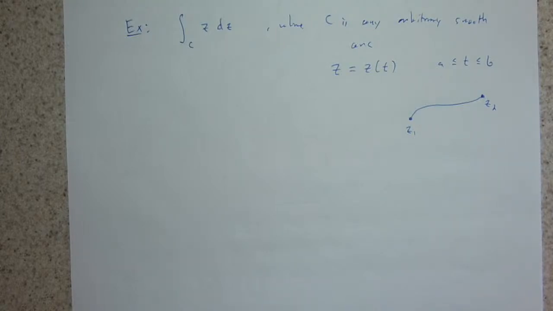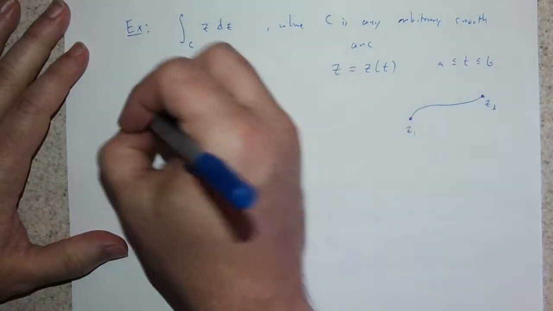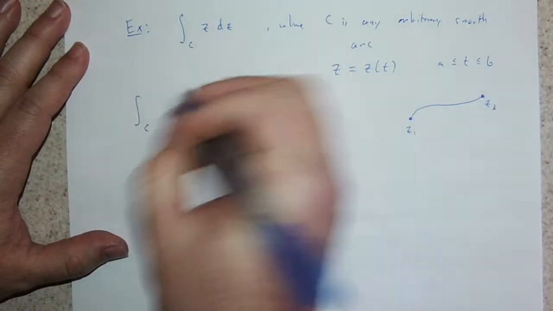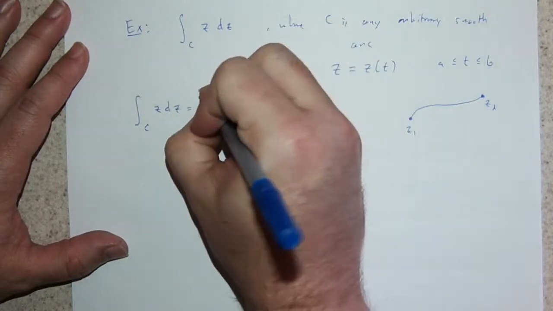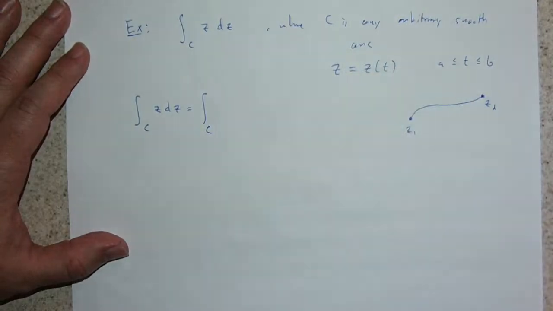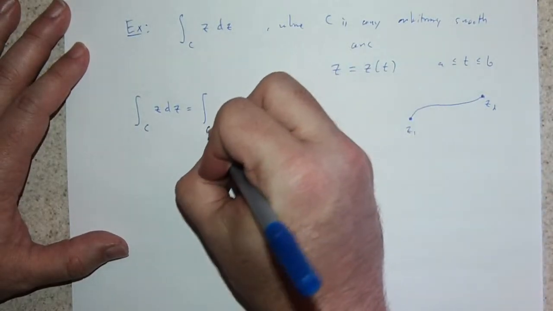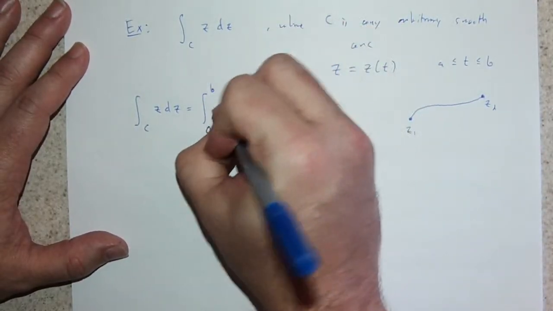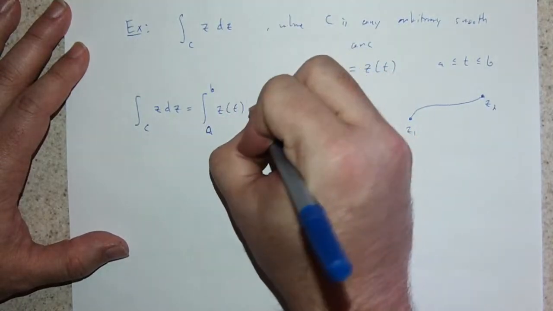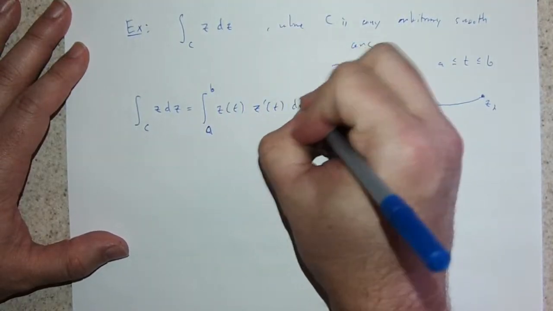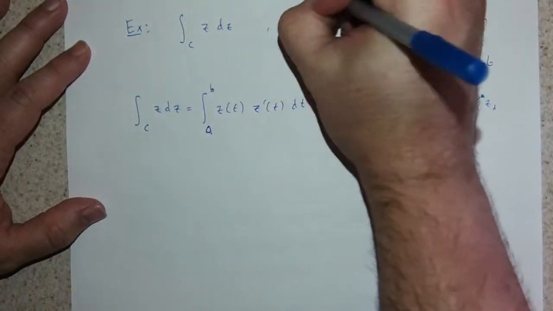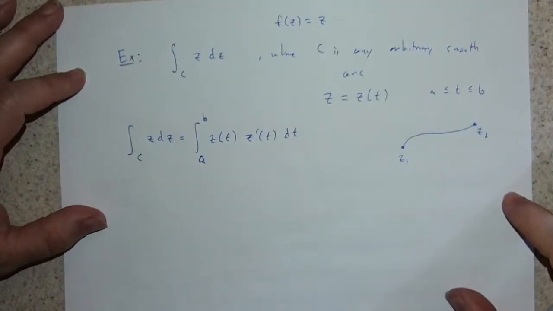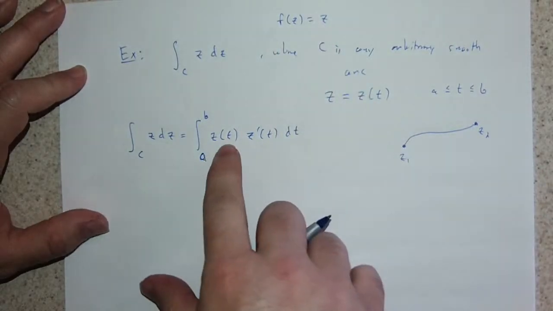And so if I wanted to compute this, just by definition of contour integral, my contour integral of z dz is going to be the integral from a to b of z of t times z prime of t dt, right? Because here our f of z is just z, and so f of z of t is just z of t.